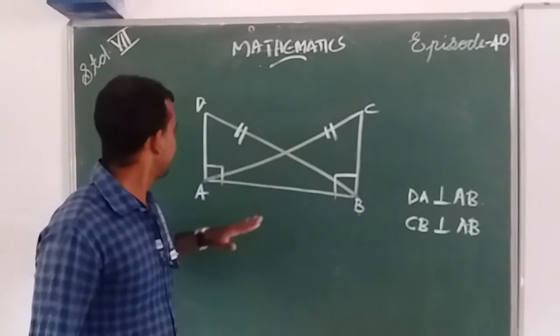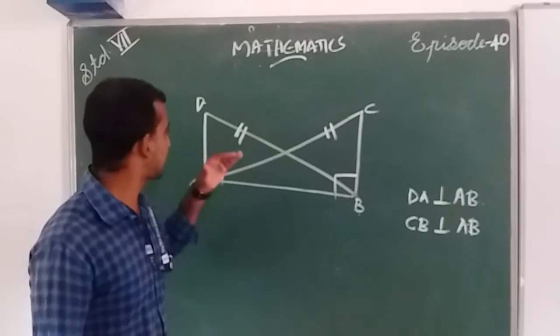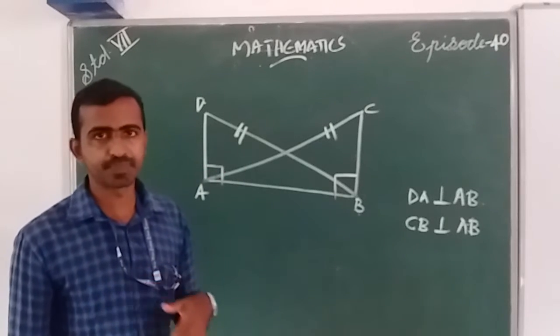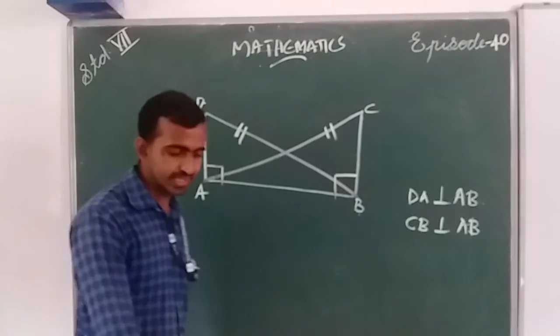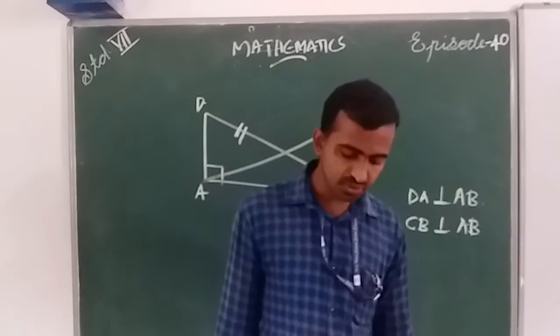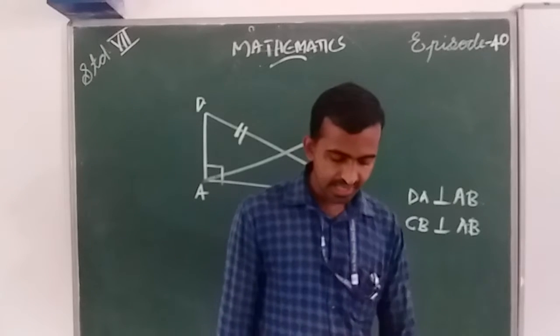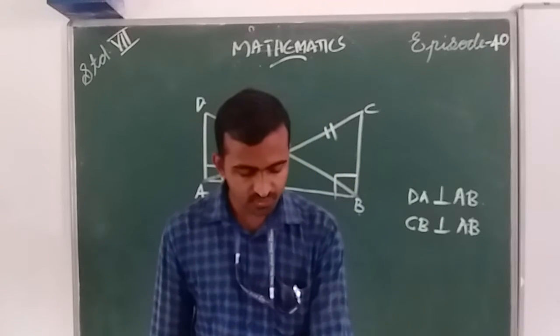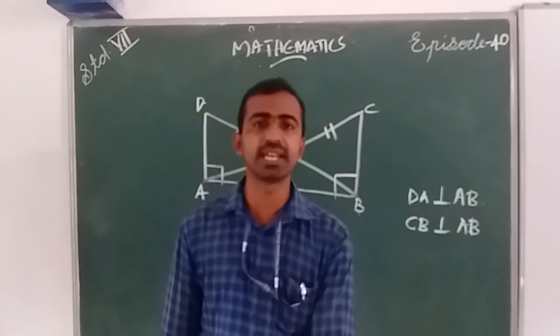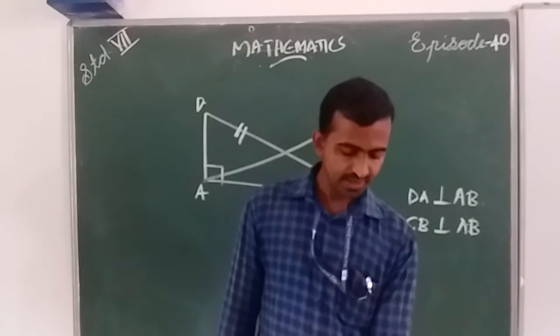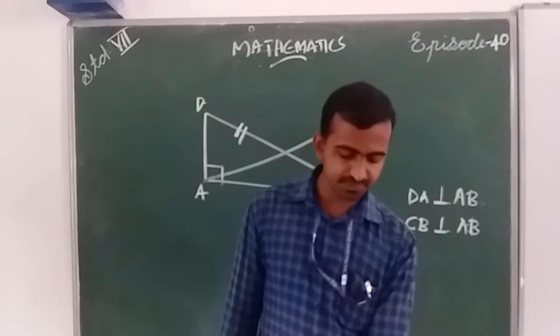When we consider triangle ABD, the question is AC equal to BD. State the three pairs of equal parts in triangle ABC and triangle DAB. Which of the following statements is meaningful?